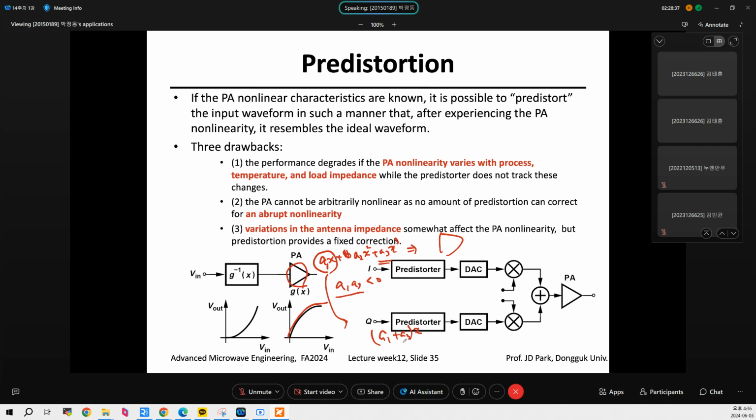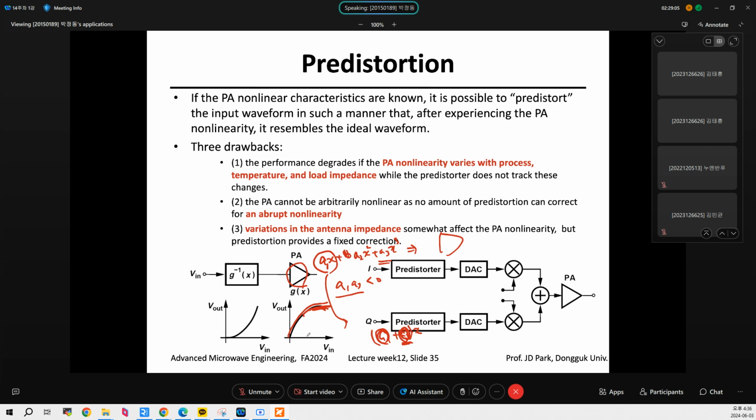So as input power increases, this will be more drastic. Therefore, it becomes reduced because this is negative. If this is negative, this is positive. Therefore, in magnitude, it's just saturated due to this nonlinearity.